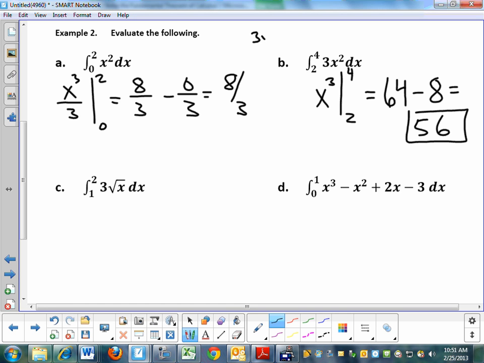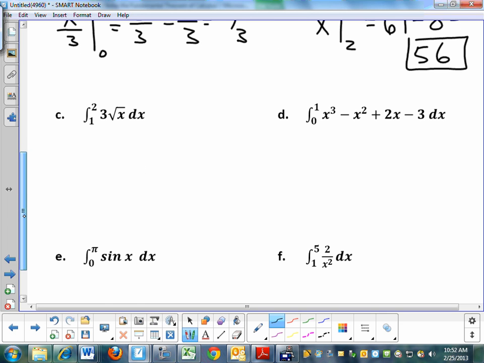Sure. 3x squared. If you want to take the antiderivative, you increase the exponent by 1. Okay? So 3x to the third divided by that 3. The 3's will cancel, leaving you with x to the third. So all we need to do in C is we need to create a power. Right now, you guys only know how to do this for power functions. We'll change it.